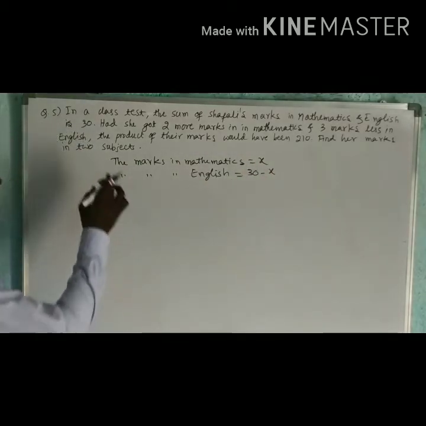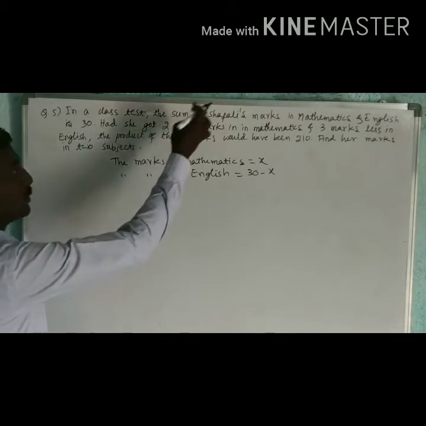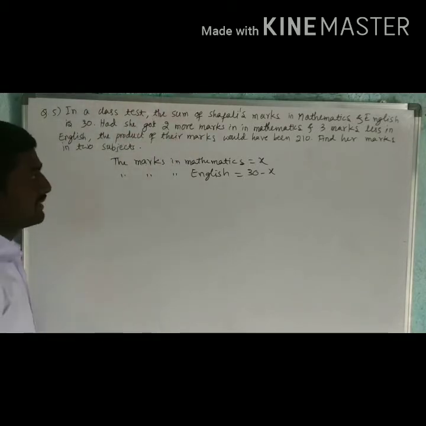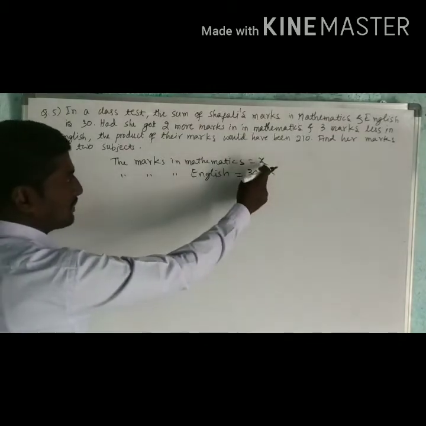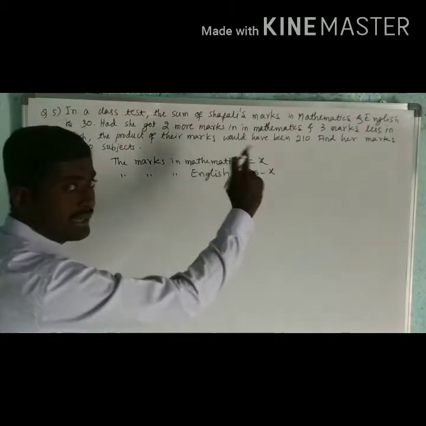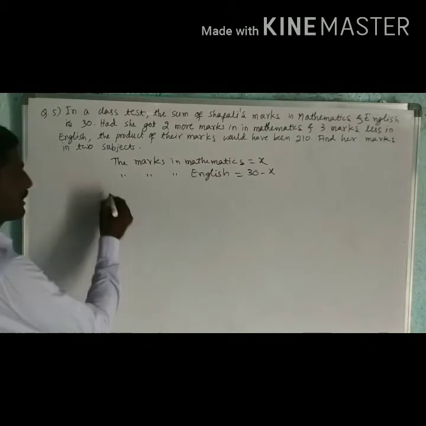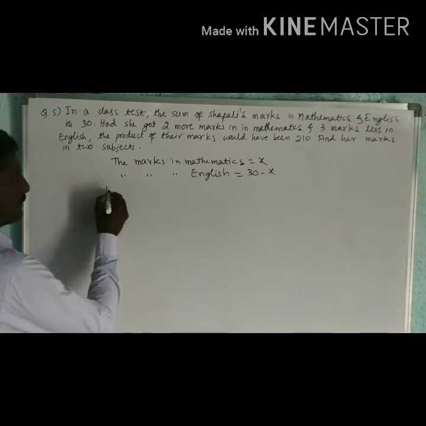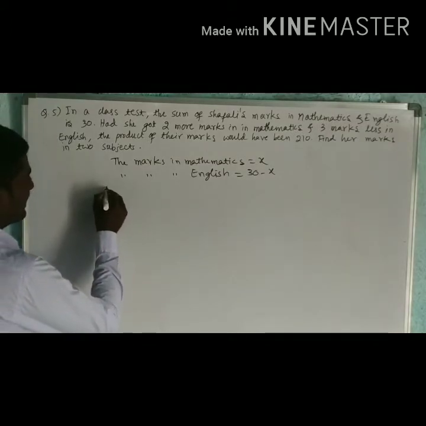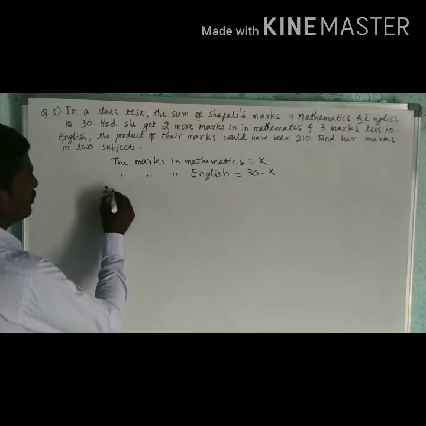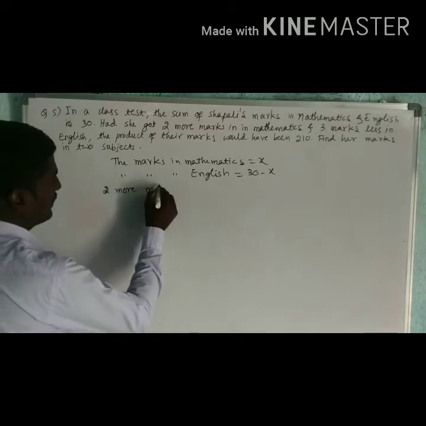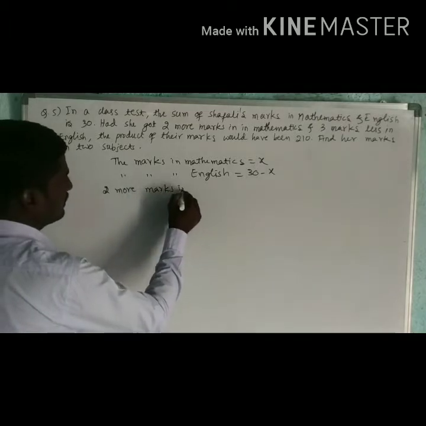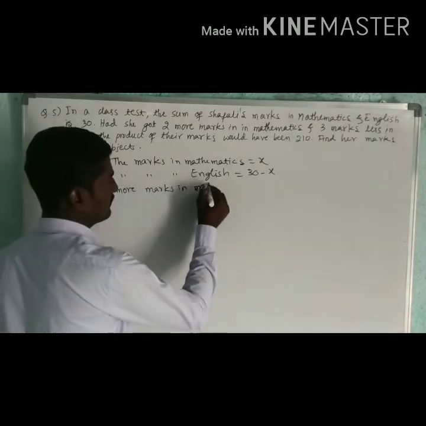Now another condition they have given. She got 2 more marks in mathematics. So if she gets 2 more marks in mathematics, the marks of mathematics will become x plus 2.